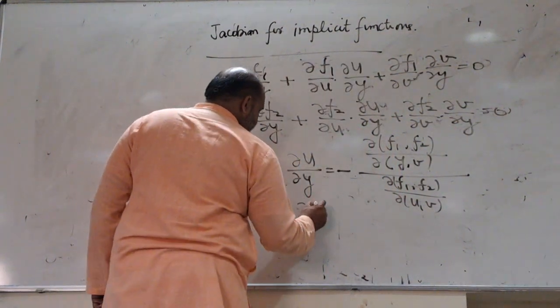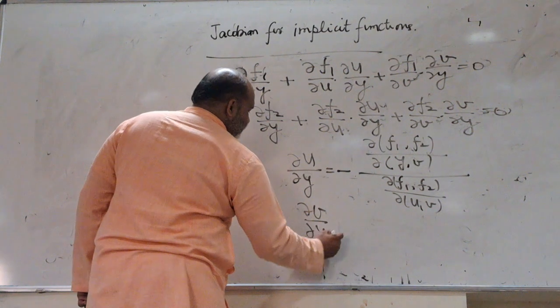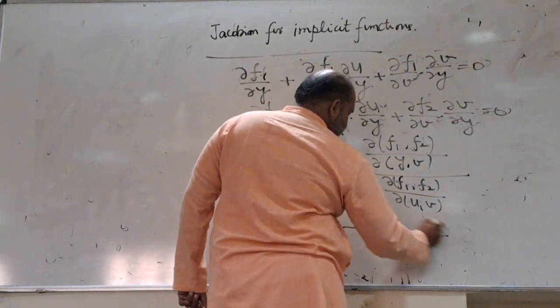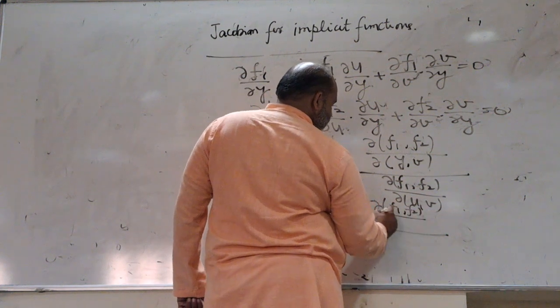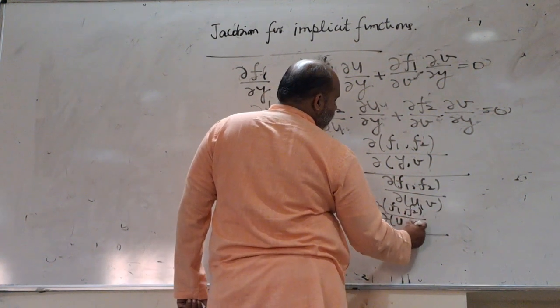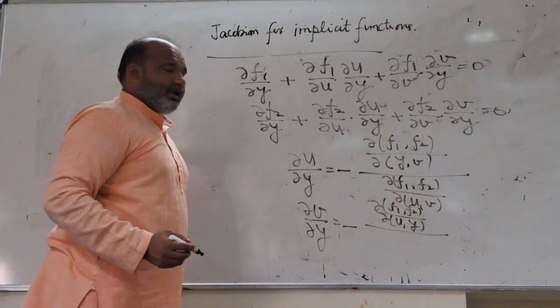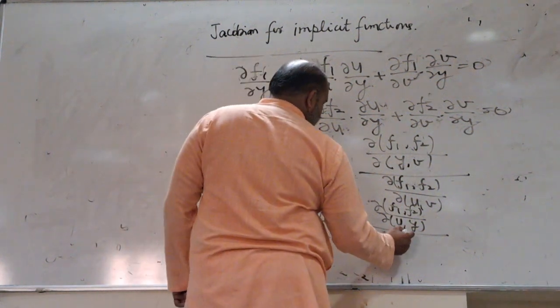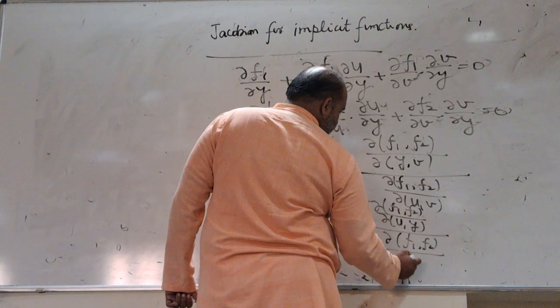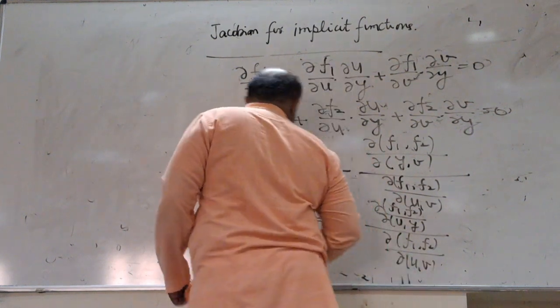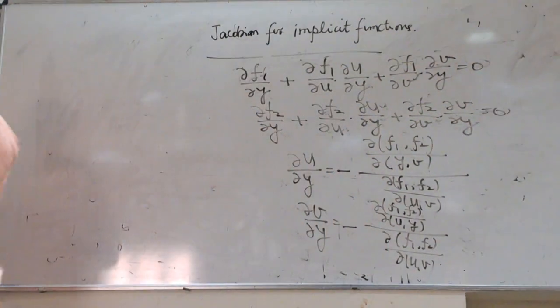And del v over del y will be equal to minus Jacobian of f1 and f2 with respect to u and y, divided by Jacobian of f1 f2 with respect to u and v. So these are very simple formulas.